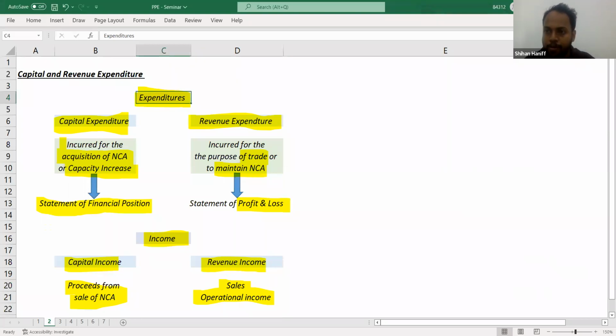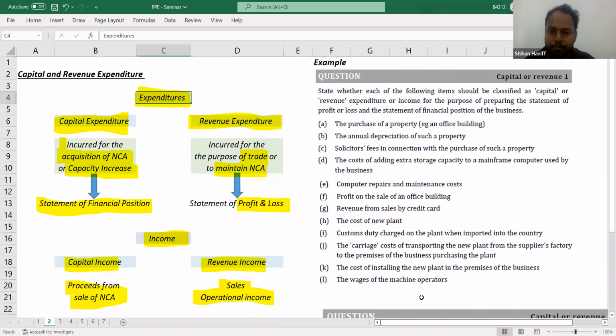So from the example, I will explain this. Can you all do this example? Let's do it together. State whether each of the following items should be classified as capital or revenue expenditure or income for the purpose of preparing the statement of profit or loss and the statement of financial position.